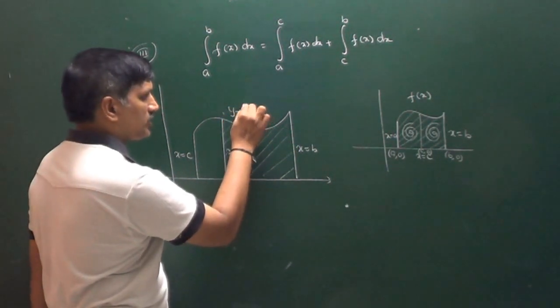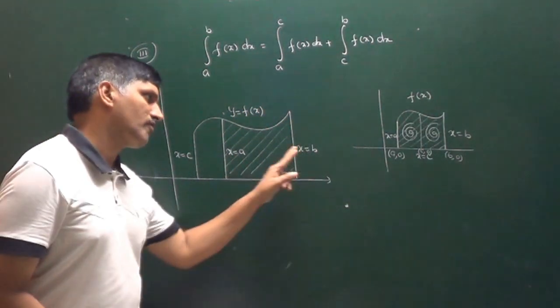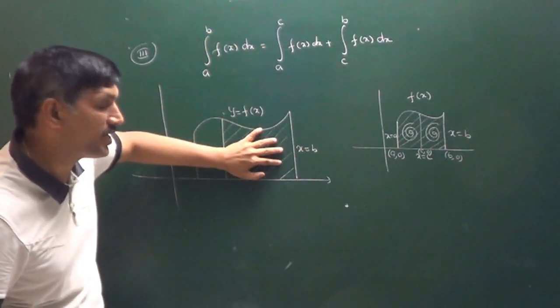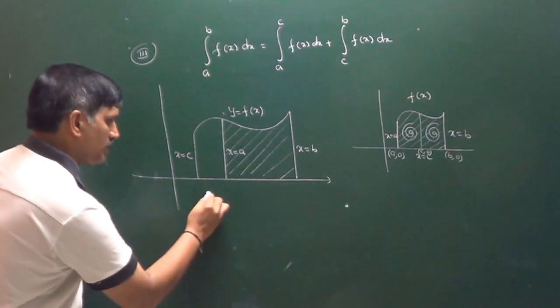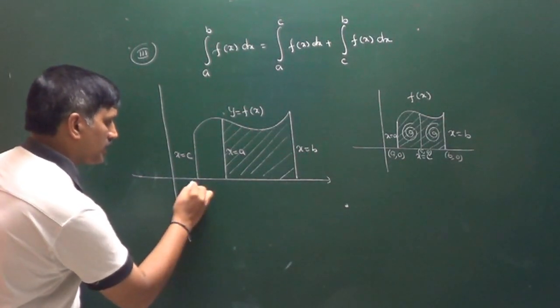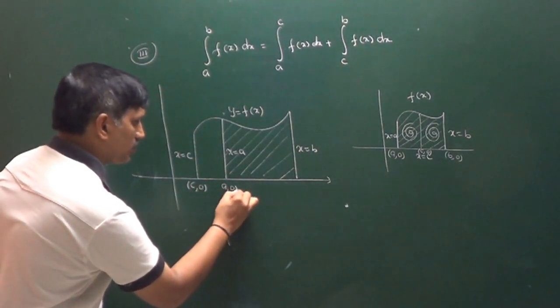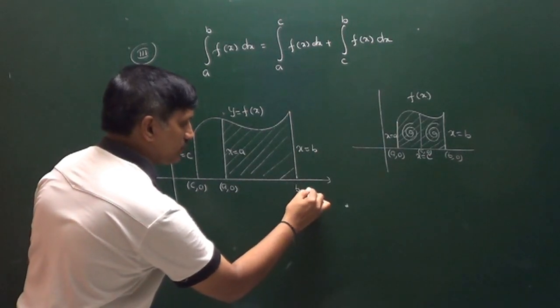The curve is y equals f of x. This integral represents this area, right? Now observe here what I am doing. This is c comma 0, this is a comma 0, and this is b comma 0.